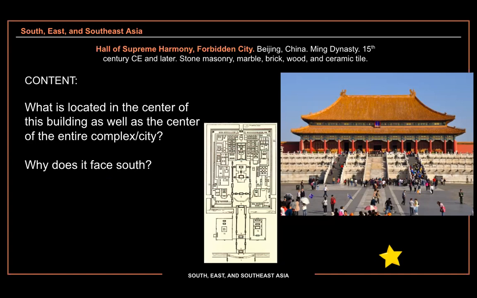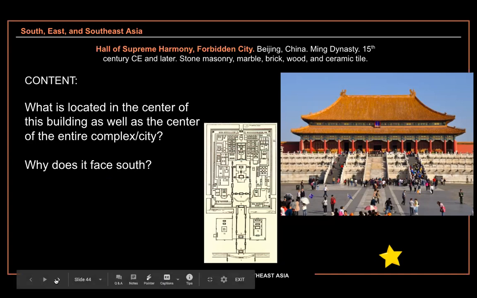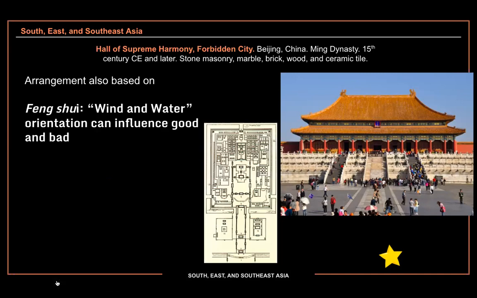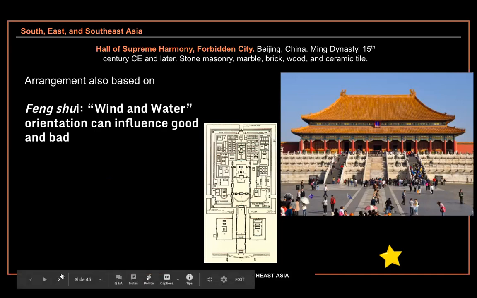But theoretically, and this comes from the Mongols, this style of court comes from the Mongol dynasty. And so the arrangement of this is also supposedly created based on feng shui. So that idea of balance, which is real common, sometimes in interior design, people organize things based on the feeling of balance of wind and water, so that there's influence over good and bad.